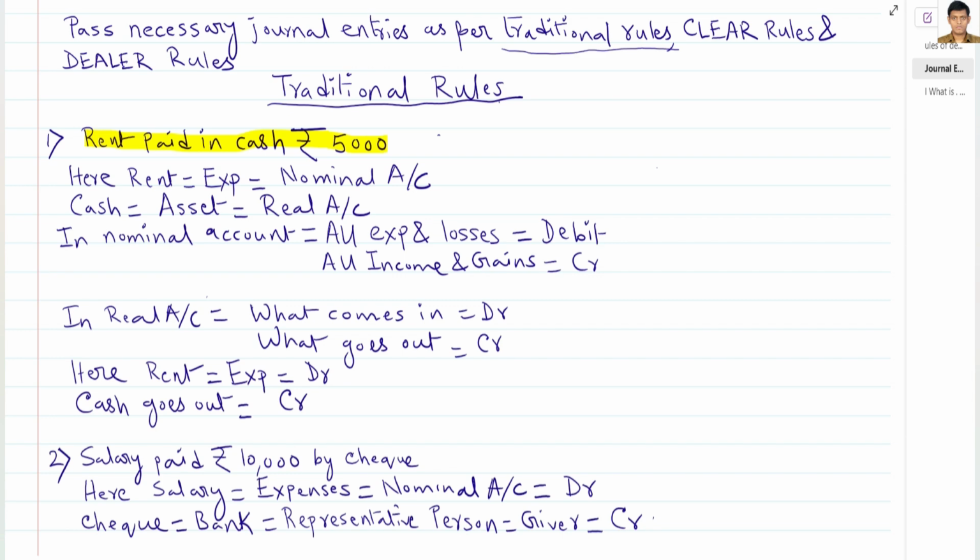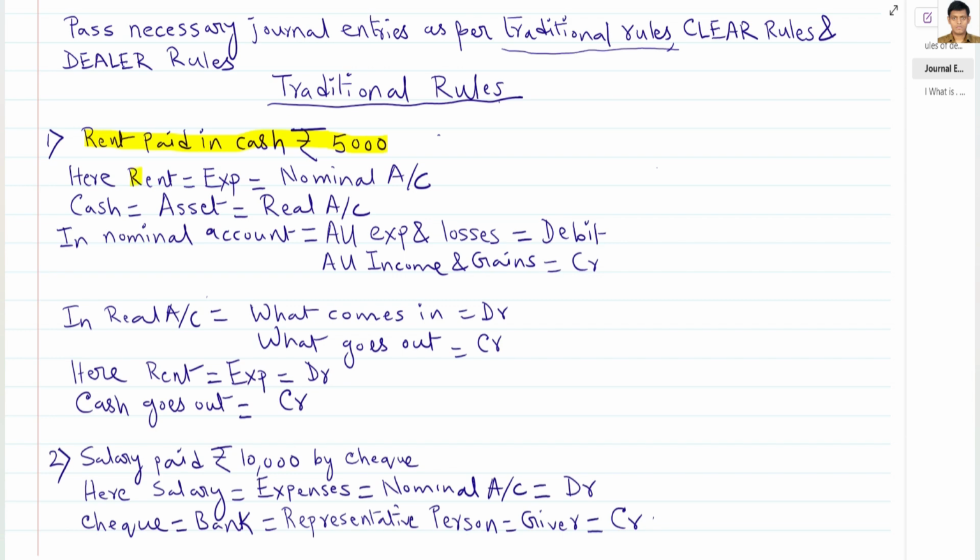cash rupees 5,000. So here, what will be the two accounts involved in the double entry bookkeeping system? We all know that as per the Luca Pacioli rules, there should be two accounts in a single journal entry to maintain accounts in the double entry bookkeeping system. Here the two accounts involved are rent paid and cash.